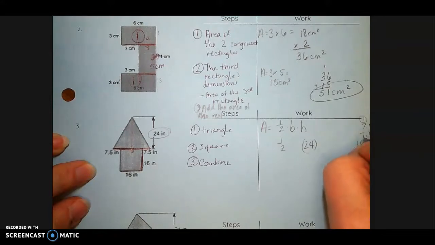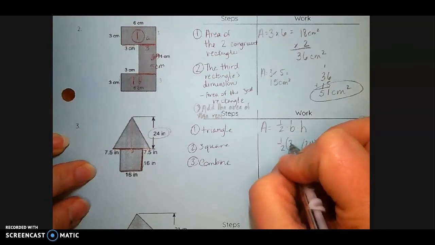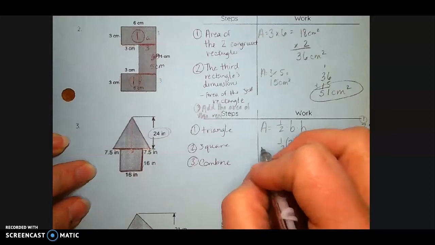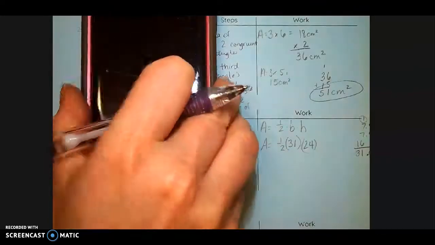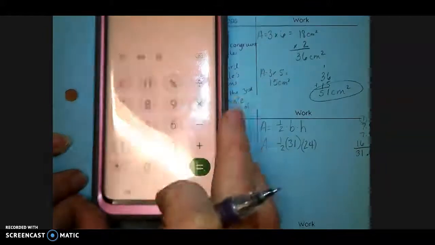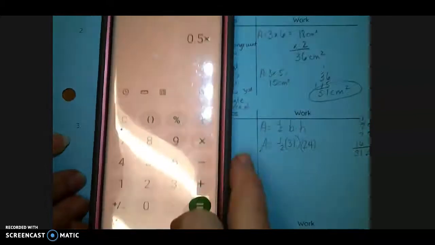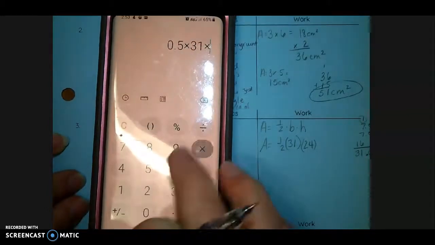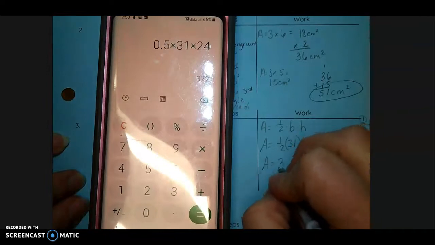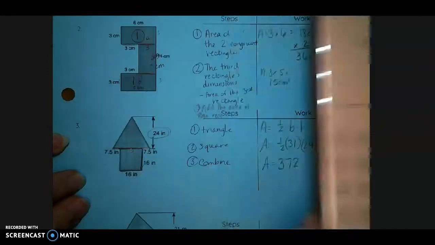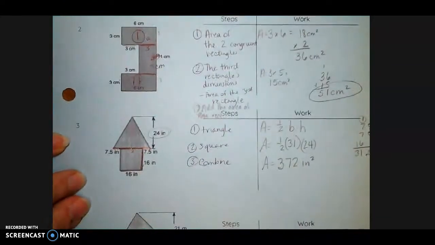I get 14 there and 30, so 31. When I do that multiplication, I put in 0.5 for my half times 31 times 24, and I get 372. And that is inches squared this time, and that is just my triangle.